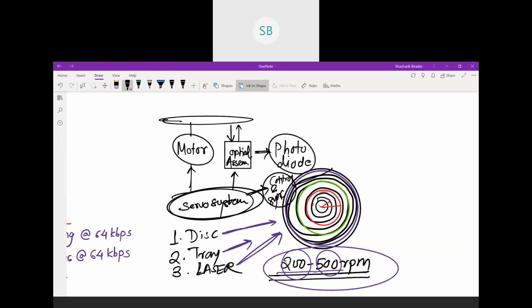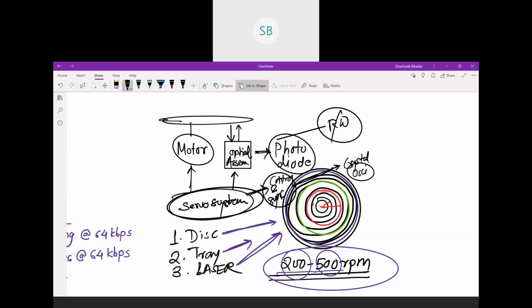All this works with digital data, so we require a crystal oscillator. So here you can read or write the data onto the disk. This is the basic assembly which is considered when you are writing the data.